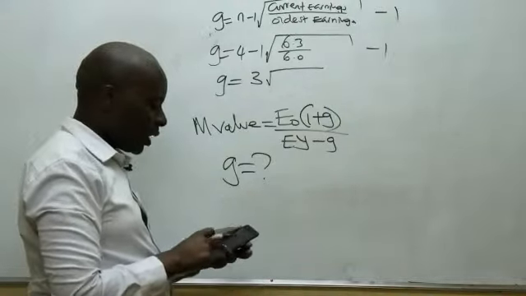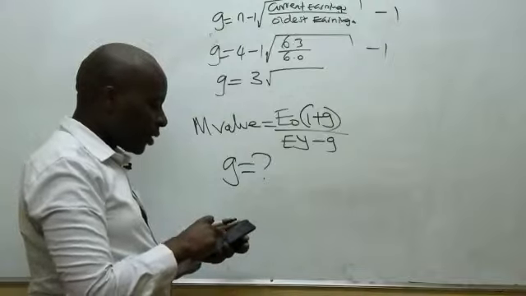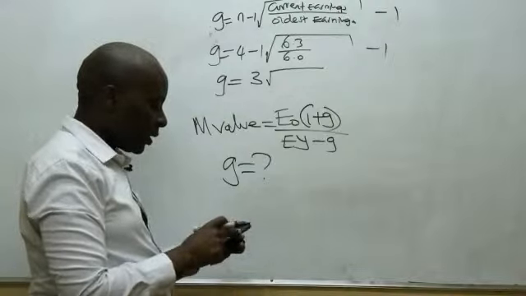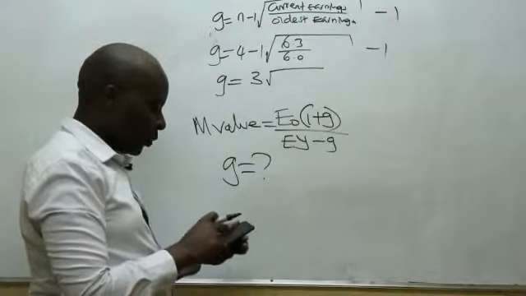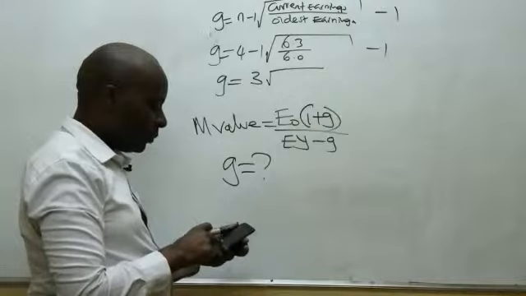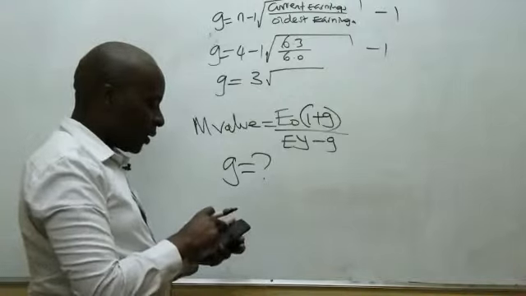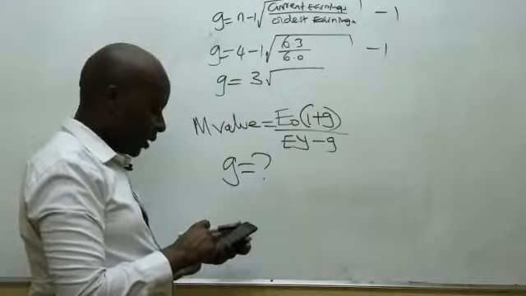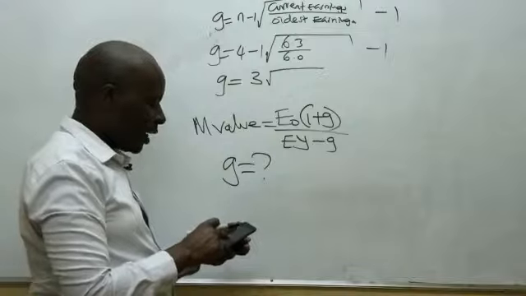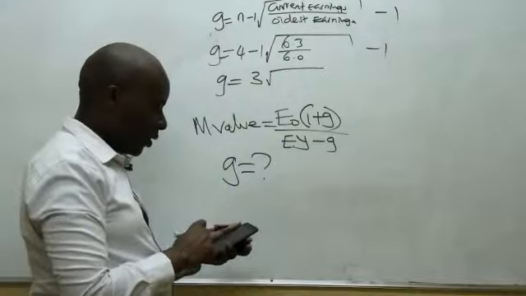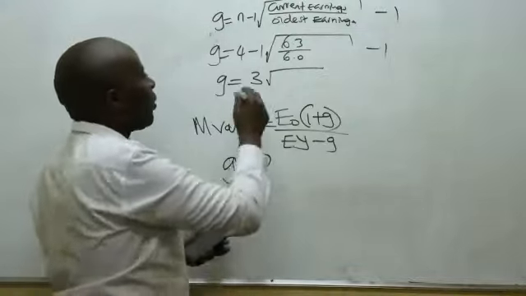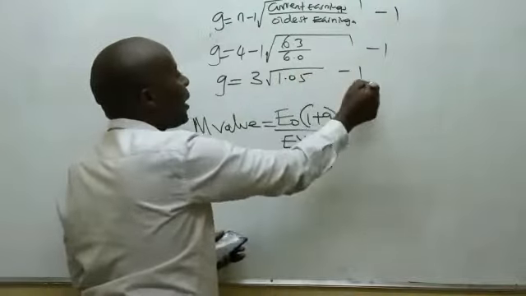Cube root of 6.3. So let me get my calculator. 6.3 divided by 6.0 gives us 1.05, minus 1.